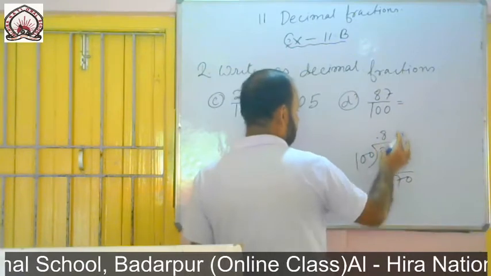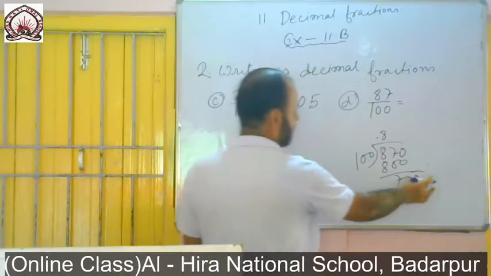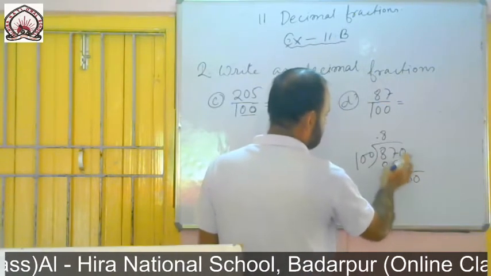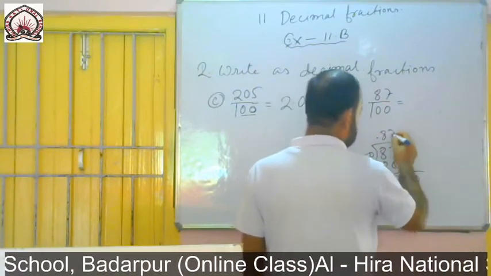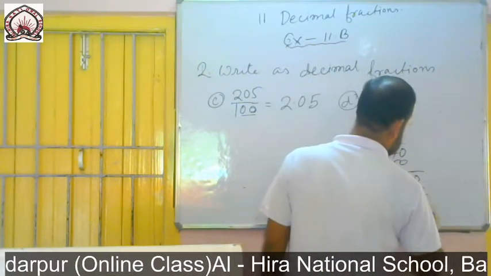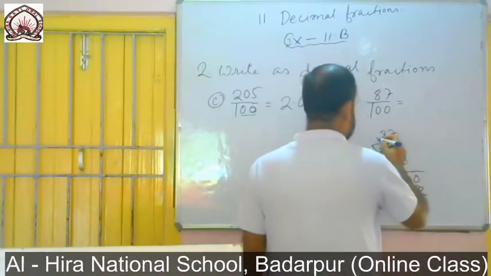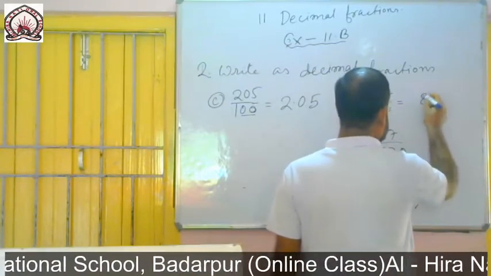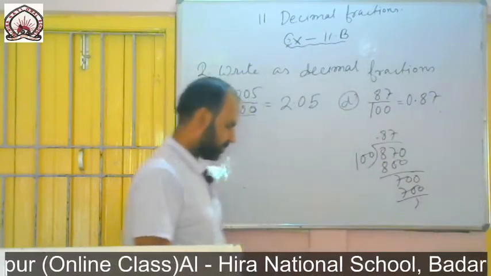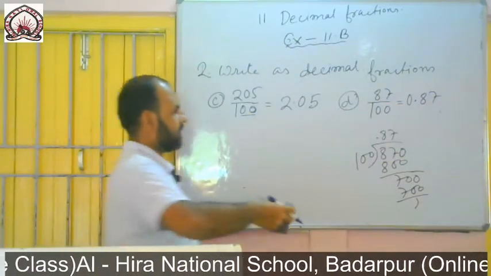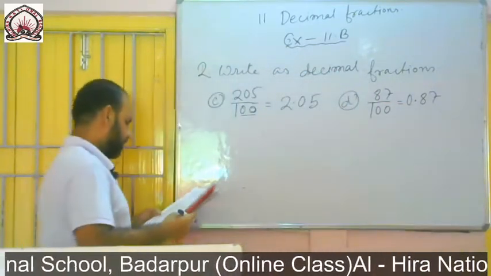Once the point is there, we can add more zeros. So 700, 100 times 7 is 700. So the answer is .87, or we can add a 0 also: 0.87.